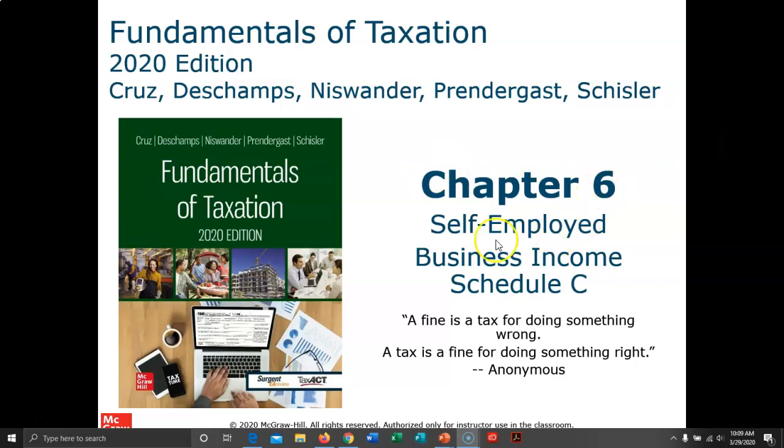So in this chapter, the heading is Schedule C, which is self-employed business income. That is a form of business entities, but recognize that with any business entity, they're going to buy equipment. And in the course of buying this equipment, they're going to lay out money. And of course, to be able to recoup that cost, the way that we do that is through this thing that's called depreciation.